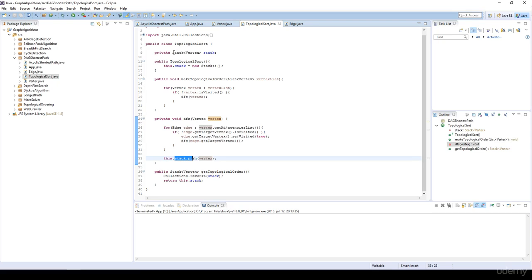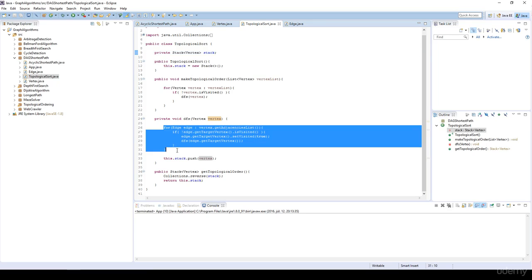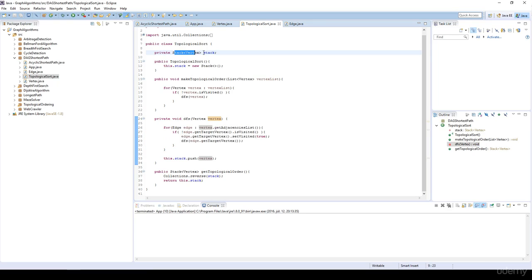Okay, just to be clear, in this case the stack is not for implementing the depth-first search algorithm, it is for the topological ordering. Because we are going to push vertices to the stack, we just have to reverse the items in the stack, and basically it's going to yield the topological order of the graph's vertices.